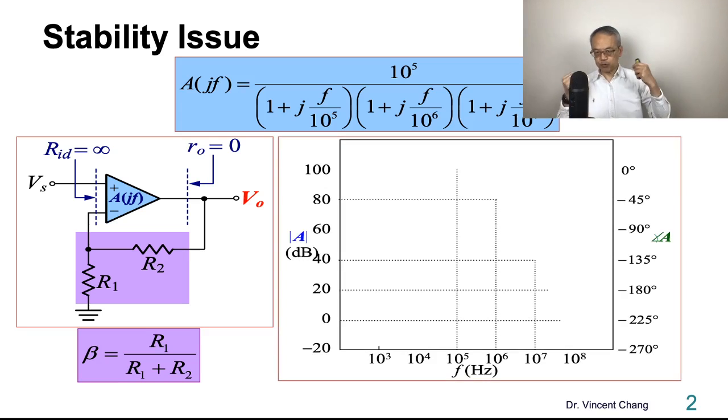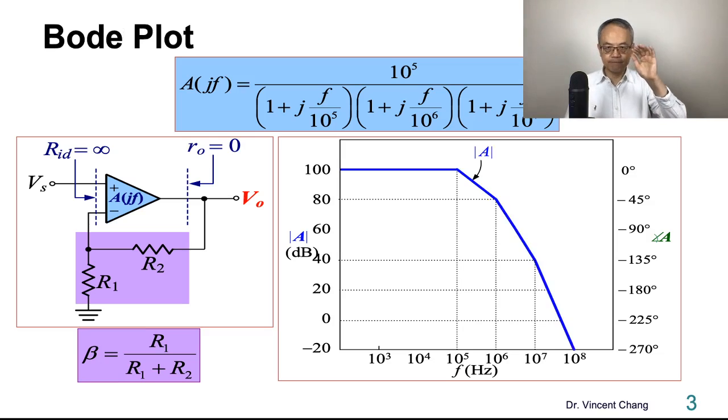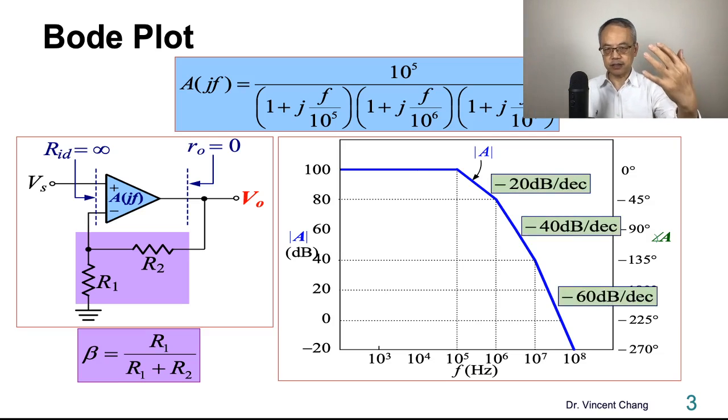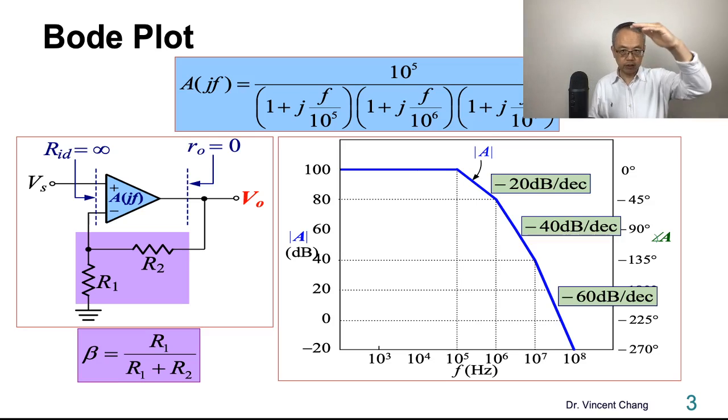So I urge you to use hand analysis to draw the magnitude response first: negative 20, 40, 60 decibel per decade of frequency. For negative 20, 100 to 80. For negative 40, 80 to 40. For negative 60 part, 40 to negative 20 decibel.